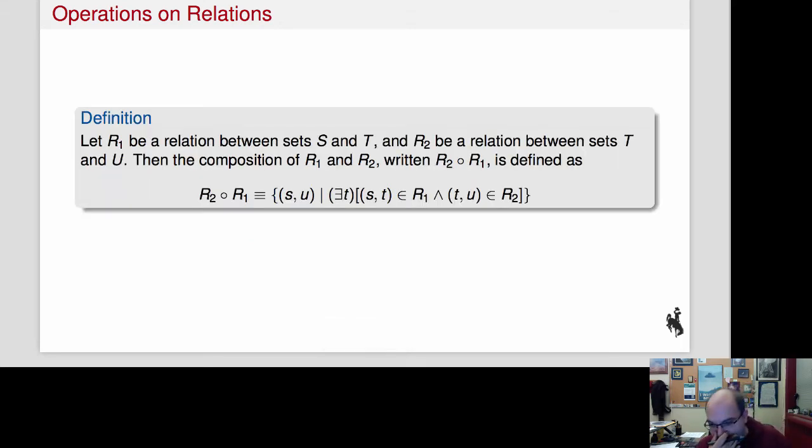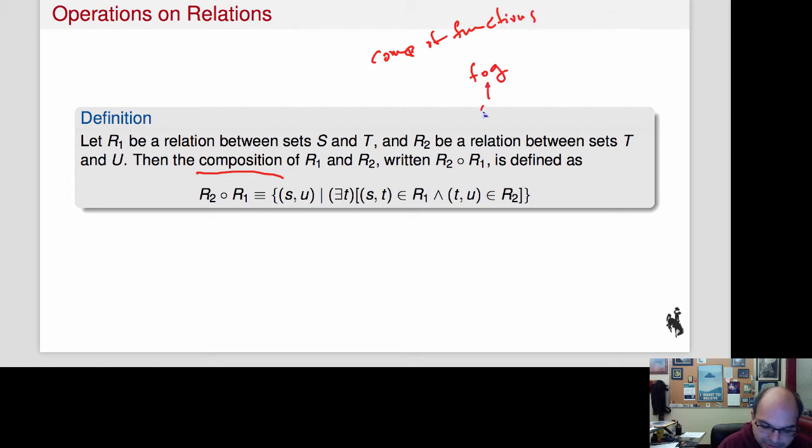Now, this is a slightly fancier operation between relations, and what we're going to do is called composition. If you remember composition of functions, we had f circle g, there's the composition symbol, and this is a function.